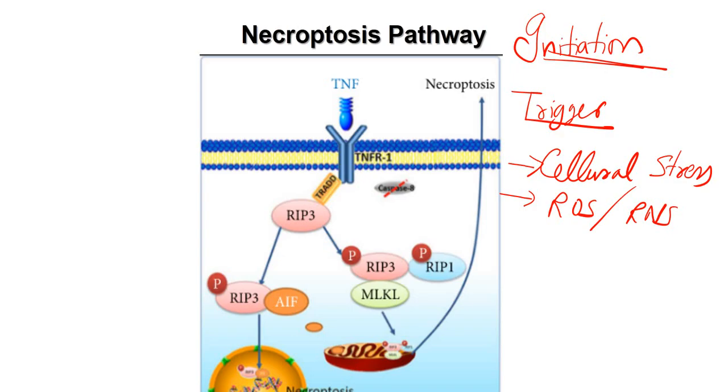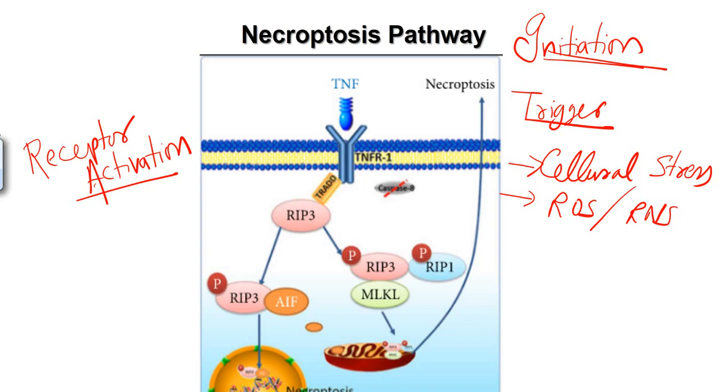The next point of initiation is receptor activation. In necroptosis there is activation of death receptors. Which death receptors get activated?